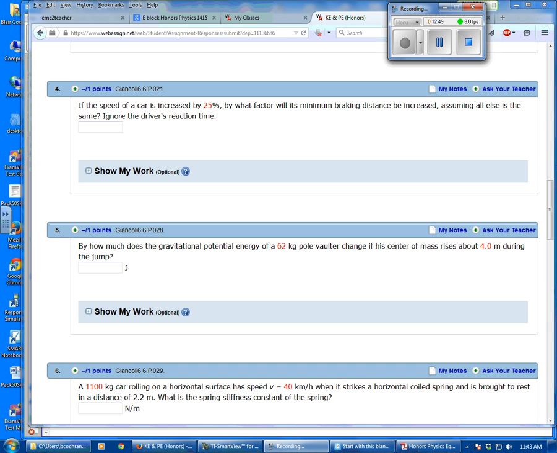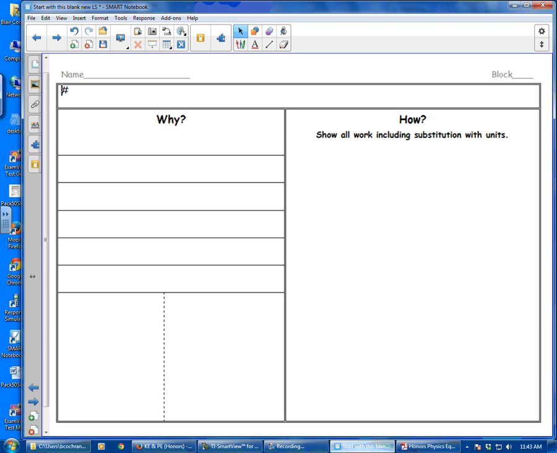So number 4, speed of car is increased by this. By what factor is the minimal braking distance increased? 2 miles stays the same. So if we increase the speed, let's see. So this is number 4.